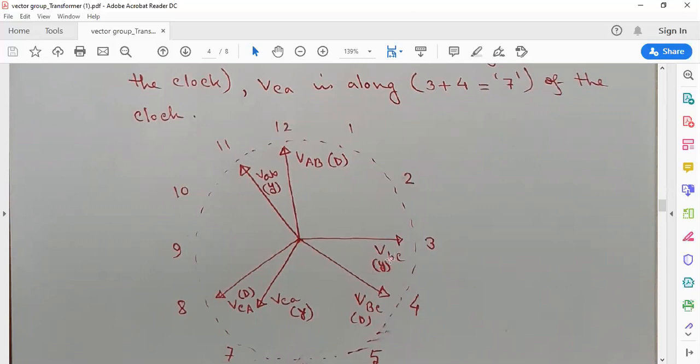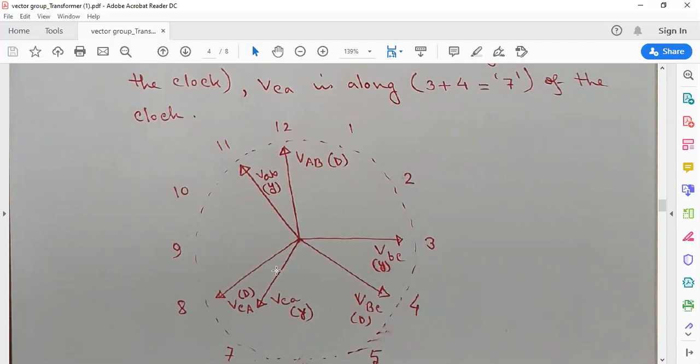See, I have written in small letters because it is the low voltage side line to line voltage. Now VCA will be 4 points lagging from 3: 30 degrees, 60 degrees, 90 degrees, 120 degrees. So VCA will be along 7.